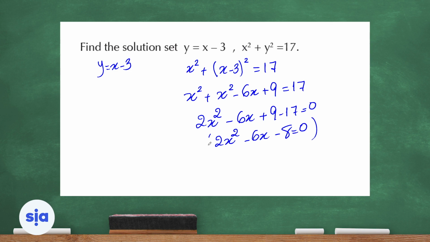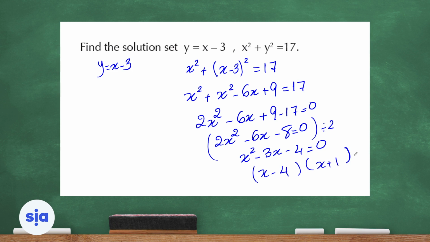Yes, it can be simplified more by dividing everything by 2. So x squared minus 3x minus 4 equals 0. So it can be factored as (x minus 4)(x plus 1) equals 0.